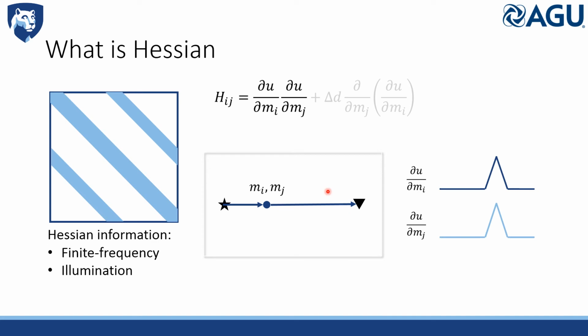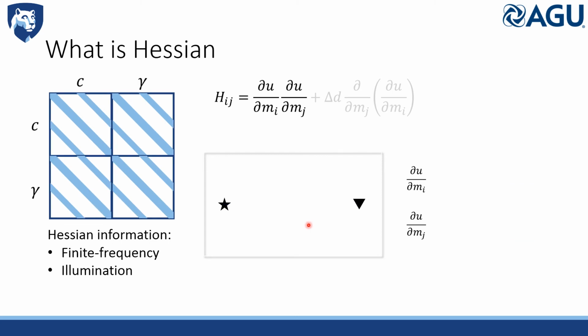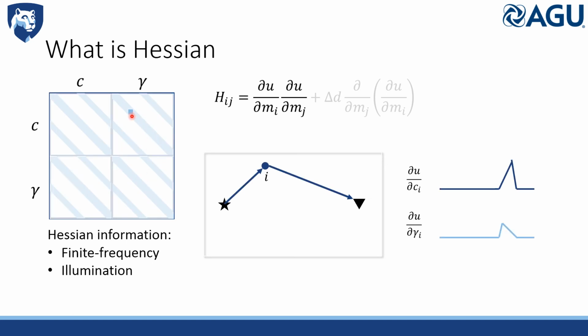So what about the multi-parameter FWI? For example, in the viscoacoustic case, if we consider both velocity c and the attenuation gamma, the Hessian matrix will have a 2 by 2 block structure. The diagonal blocks are pretty much the same as the monoparameter case. Let's focus on the off-diagonal blocks. In particular, let's consider the element on the diagonal of an off-diagonal block.